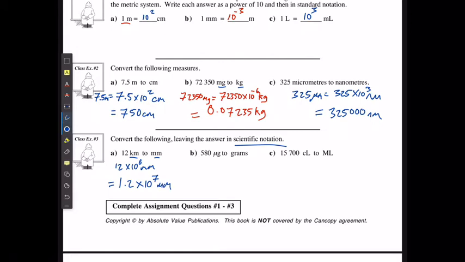If I'm going from micrograms to grams, then this is going to be the same as 580 times 10 to the negative 6 grams. That's going to give me 5.8 times 10 to the negative 4 grams in proper scientific notation.